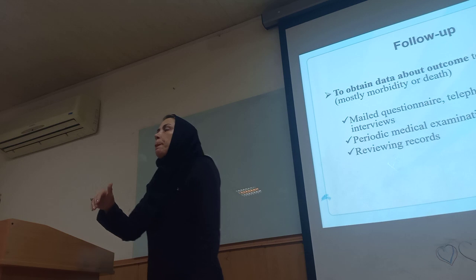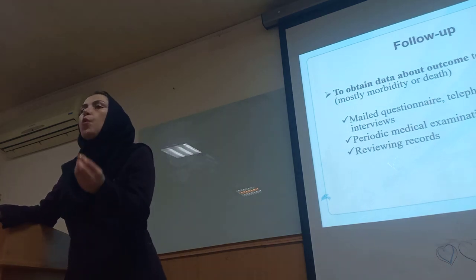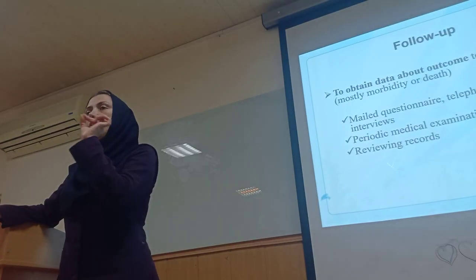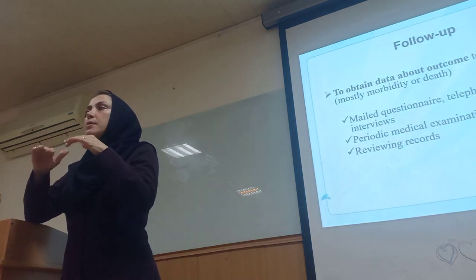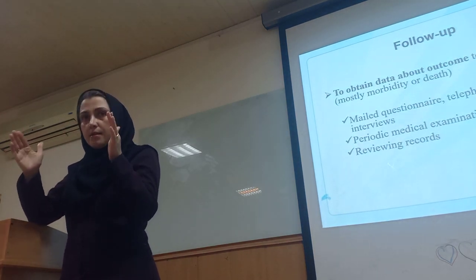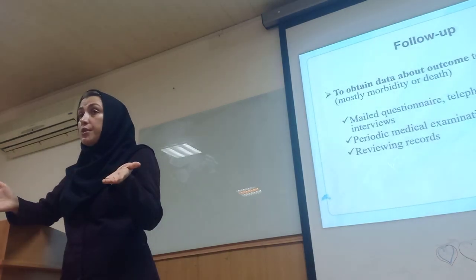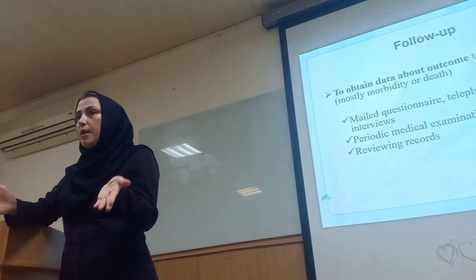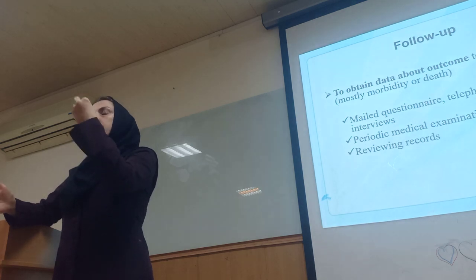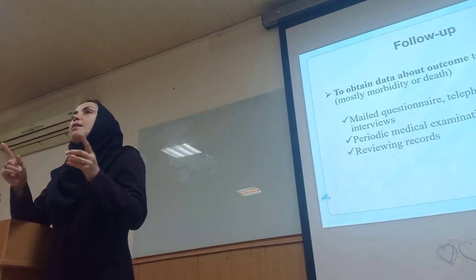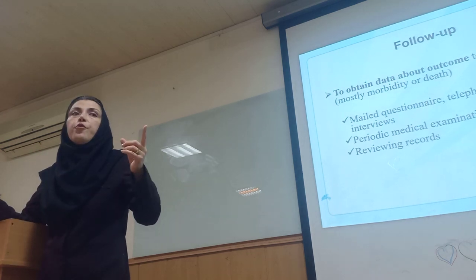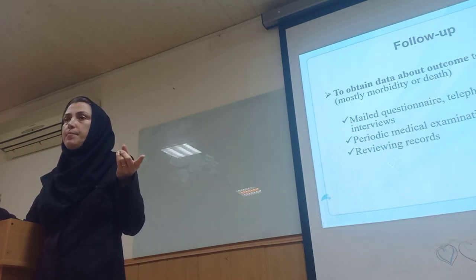So, we have several cohort studies in Iran. We have Iran cohort.ir, the website. You can see that site and follow the cohorts under study. We have, for example, the Tehran Lipid and Glucose Study that survived for 25 years.